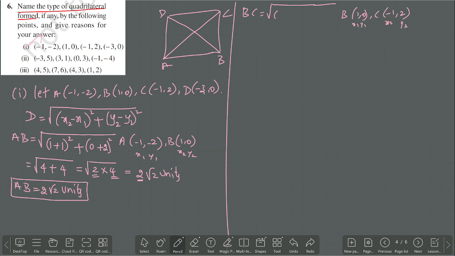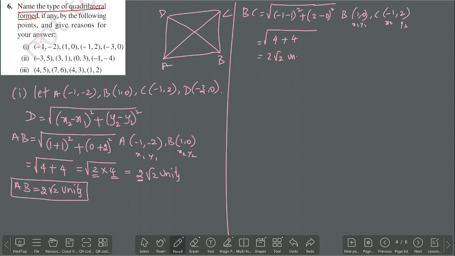Substituting in the formula: x2 value minus 1 minus x1 value 1, squared, plus y2 value 2 minus y1 value 0, squared. Minus 1 minus 1 is minus 2, whole square, or directly minus 2 squared gives 4, plus 2 minus 0, 2 squared is 4. 4 plus 4, the final answer is 2 root 2.